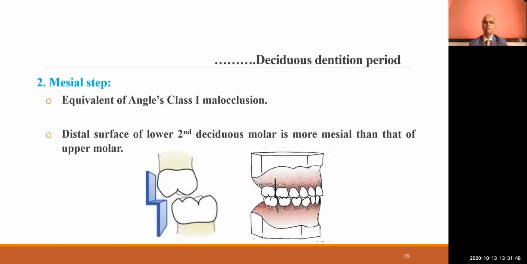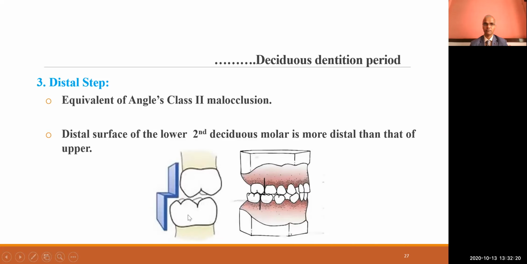Second is mesial step. It is equivalent to Angle's class 1 malocclusion, because in Angle's class 1 malocclusion, there is a mesial relationship of the lower molars as compared to the maxillary molars. In this, the distal surface of the lower second molar is more mesial as compared to the distal surface of the upper molar. So there is formation of a step in the mesial direction, and it is called a mesial step.